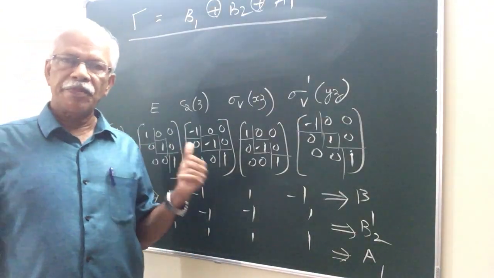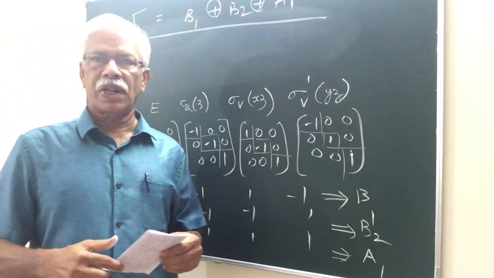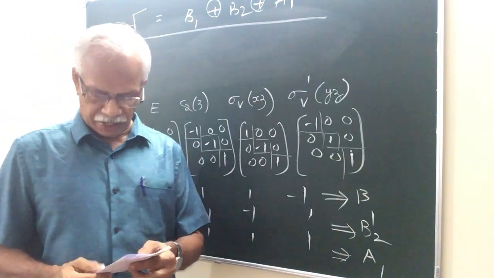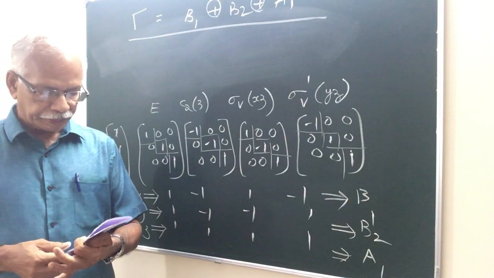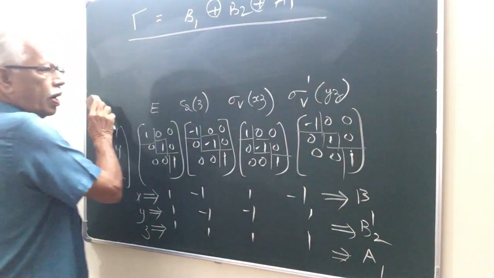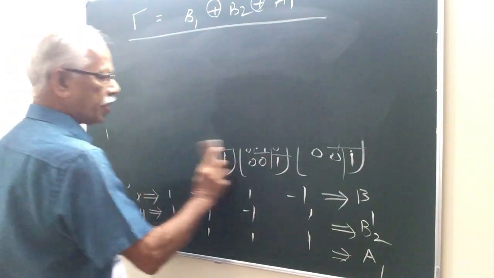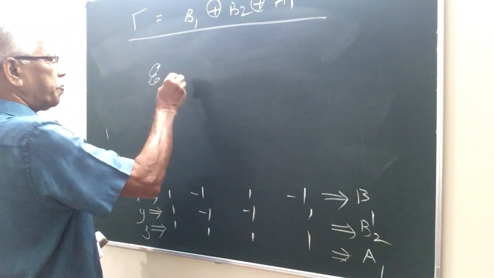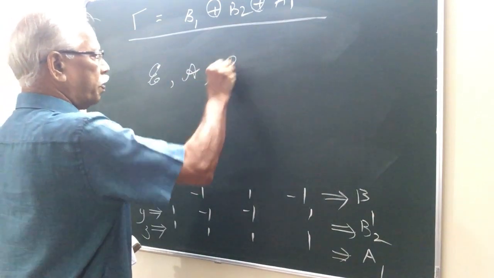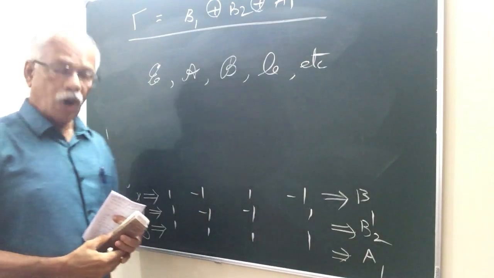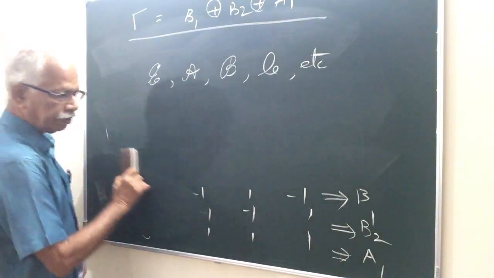But very often a reducible representation written need not be always block factored. For example, consider a general reducible representation E, script A, script B, script C, etc., which are not block factored.